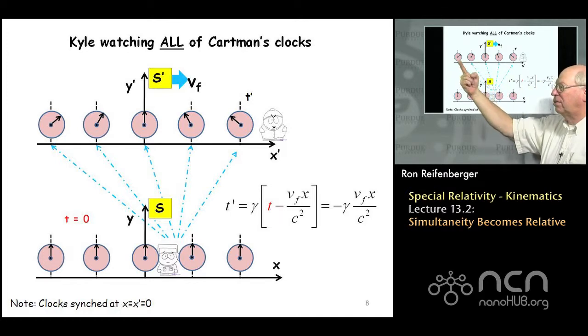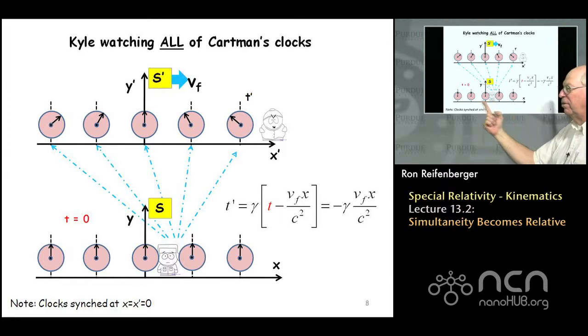That means that clocks in the negative x direction are going to be running ahead of the clock that's, let's say, synchronized at t equal to 0 in this frame. So if this observer is looking at all the clocks, he would see that there's no synchronization of the clocks in this reference frame whatsoever.